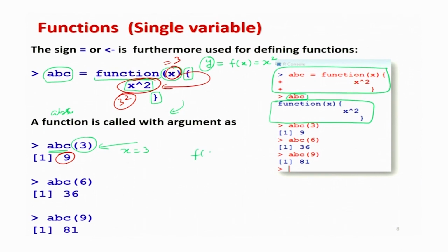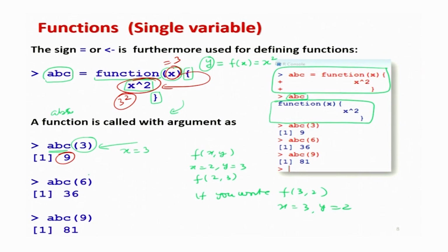For example, if your function is written like f(x, y), and you want x equal to 2 and y equal to 3, then you have to write f(2, 3), but if you write f(3, 2), then obviously x will become 3 and y will become 2, and you may get a wrong outcome, right. So, you have to be careful.